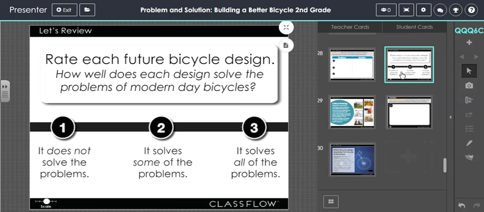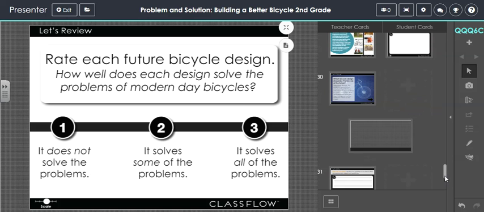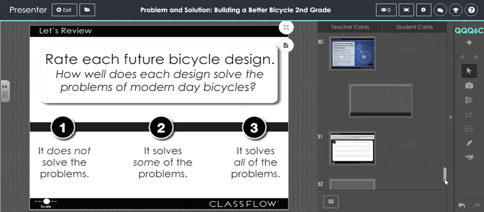And they can rate each classmate's design as a 1, 2, or 3, so it does not solve the problems, it solves some of the problems, or it solves all of the problems. And this way they can peer assess and possibly even vote on a bicycle choice that they would like to have as a bicycle of the future.